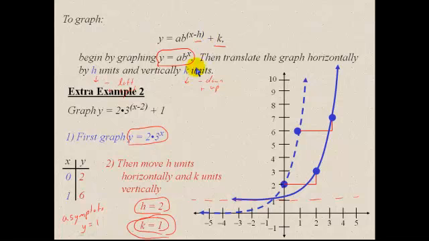But we can think the general rule here is that my asymptote will be at y is equal to whatever my k value is. In this case it was 1, but my y is going to be equal to k for my asymptote. And remember that the definition of asymptote, that this function gets closer and closer to that value, but it never touches it, never reaches that. And this is a growth function.